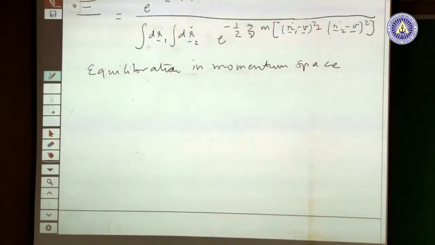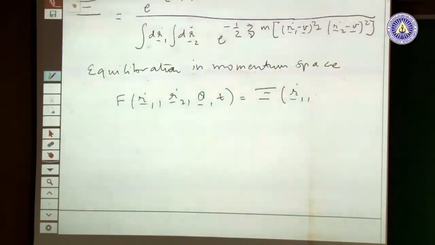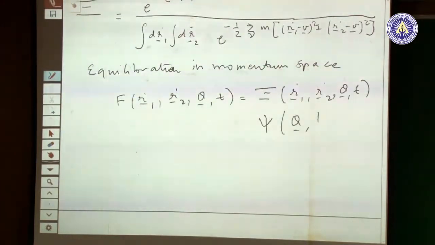Okay. So we could write f(r1, r2, q, t) as the product of this psi, just by the definition of psi, times psi of (q, t). And like before, we can start talking about averages, right.